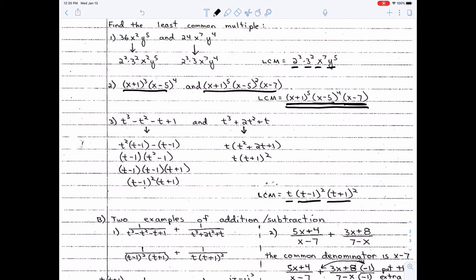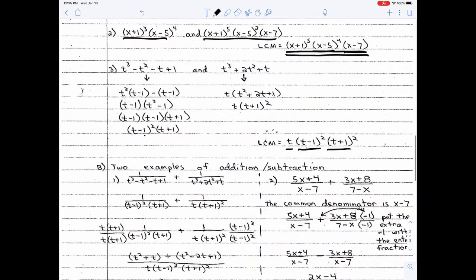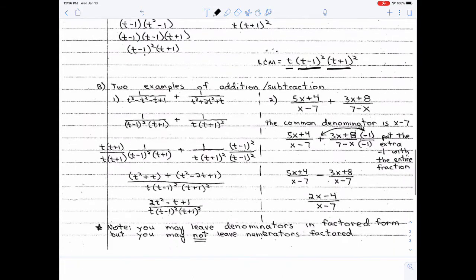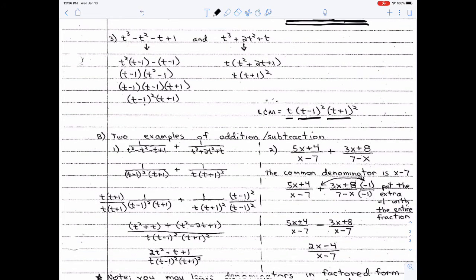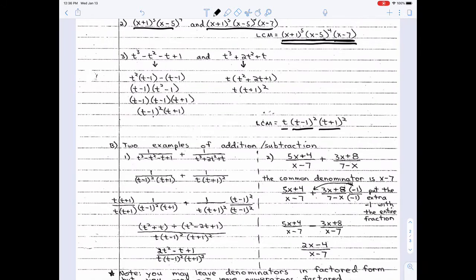So that would be your common denominator. Now, let's just take this last one and see how we actually add two fractions. We've got two fractions. They have the same denominators that are up in number 3. I'm not going to go through all the work, but you factor it and you get this.